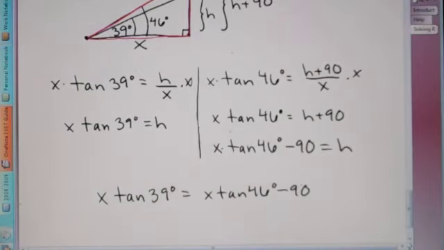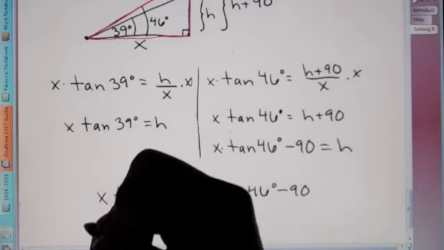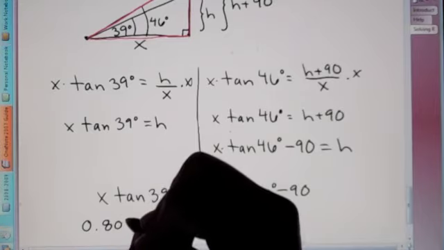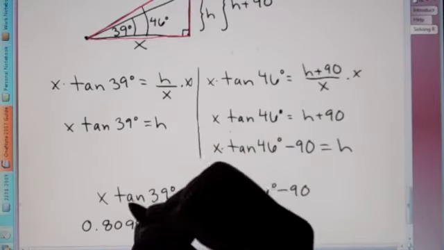Now what you could do is on your calculator type in tangent of 39 degrees. Grab my calculator. So the tangent of 39 degrees is going to be, let's go to 4 decimals, 0.8098x, okay?